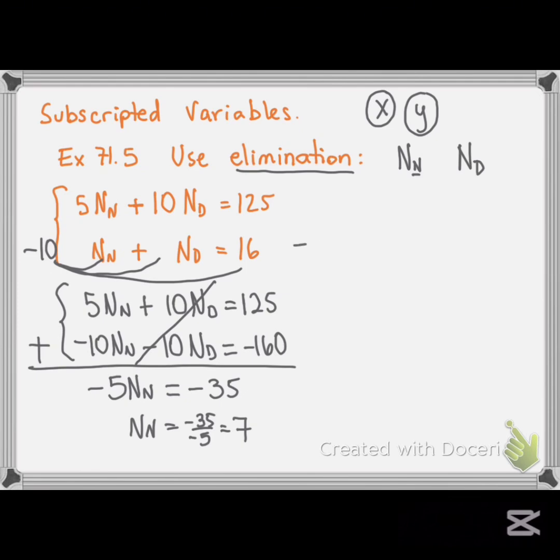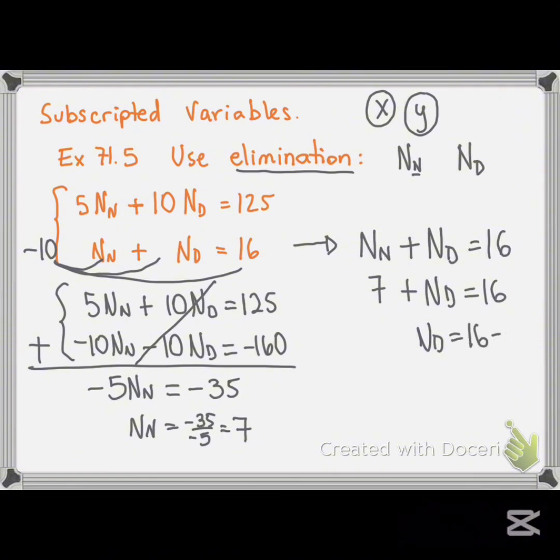Now remember that to find the other one, we go back to the original and we substitute the value that we just found in the equation. So in this case, we know that nn is 7, and so we put it in our equation here. Then we pass the 7 that is adding to subtract, which is 16 minus 7, and the answer is going to be 9.